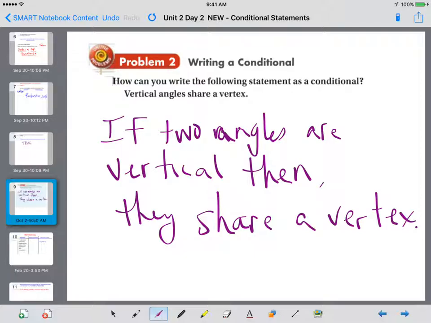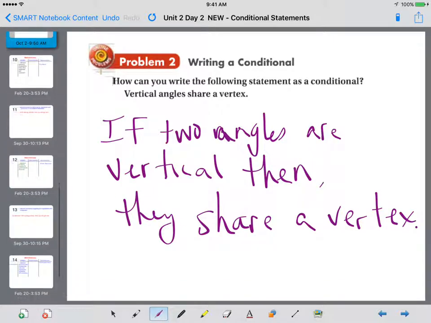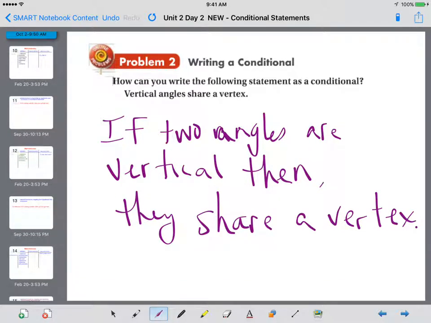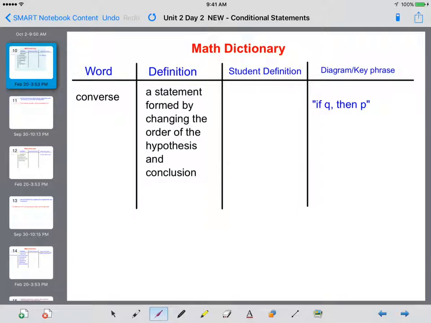We're going to tap into more words here, okay, based on our regular conditional statements. So here is the next word. Have your dictionary out. The converse. It's a statement formed by changing the order of the hypothesis and the conclusion of a conditional statement.